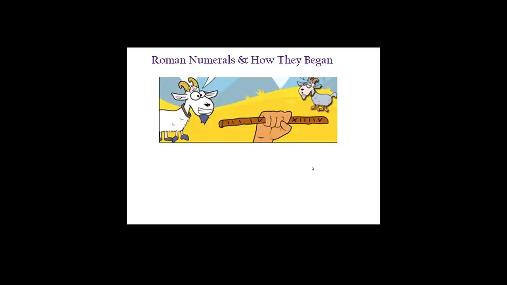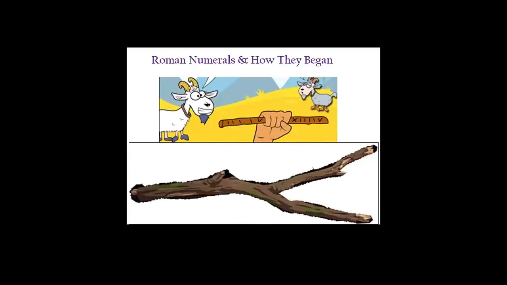I'll tell you how. Each animal was counted, then recorded on a wooden stick with a single notch cut with a knife. That is, the first sheep is counted and marked as 1, then 2, 3, 4.